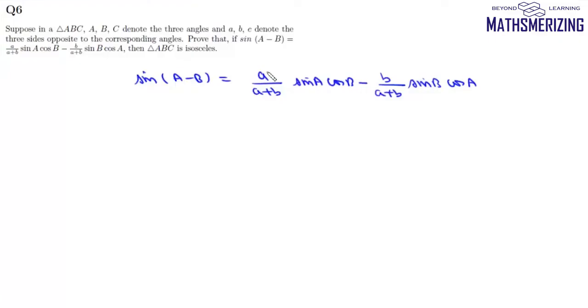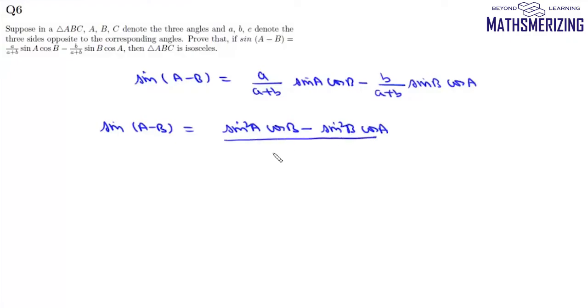Now using the sine rule, we can write a as 2R sin A and b as 2R sin B. Then we can write this as sin(A minus B) equals (sin square A cos B minus sin square B cos A) upon (sin A plus sin B).